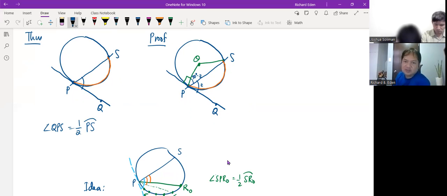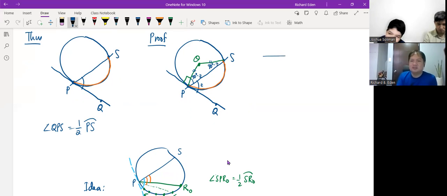QPO is 90 degrees. So if QPS is Z, then that angle there I marked is 90 degrees minus Z. But then radii congruent, so this is also going to be 90 degrees minus Z. But then if you look at PSO, 90 degrees minus Z, 90 degrees minus Z.